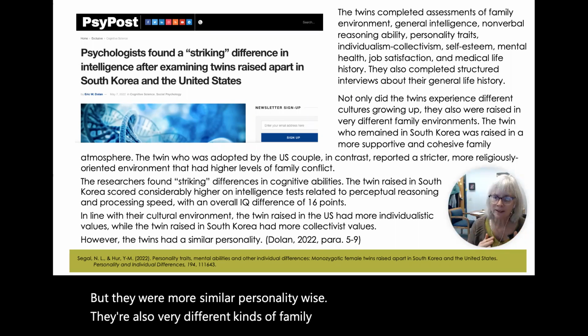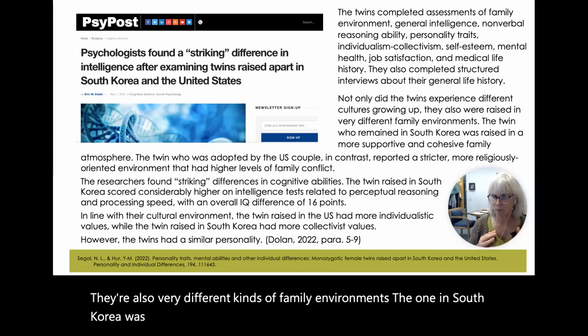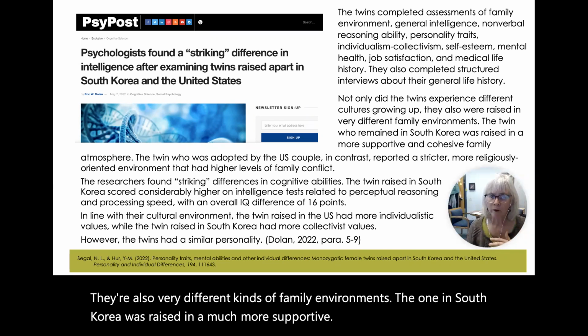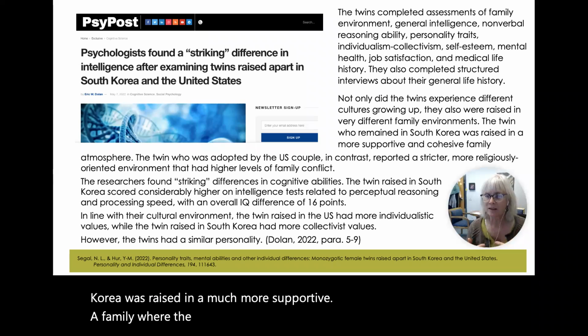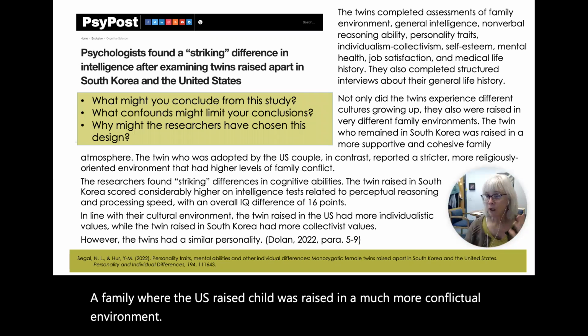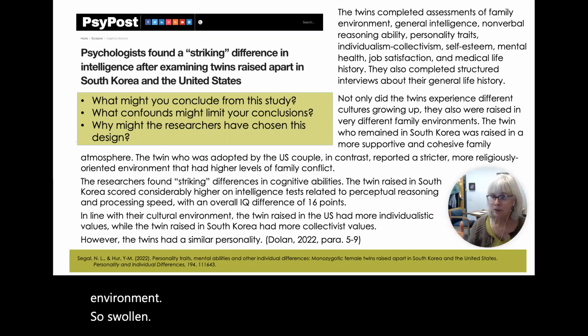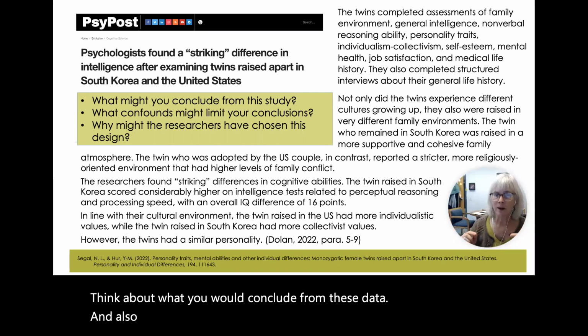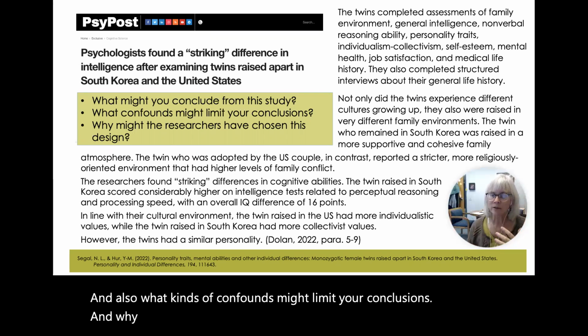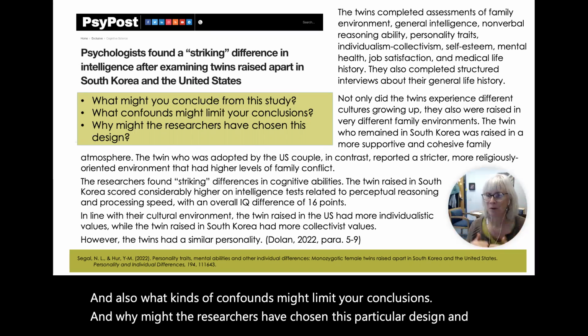The one in South Korea was raised in a much more supportive family, whereas the US raised child was raised in a much more conflictual environment. So, small n, think about what you would conclude from these data, and also what kinds of confounds might limit your conclusions. And why might the researchers have chosen this particular design? And think about what design this is.